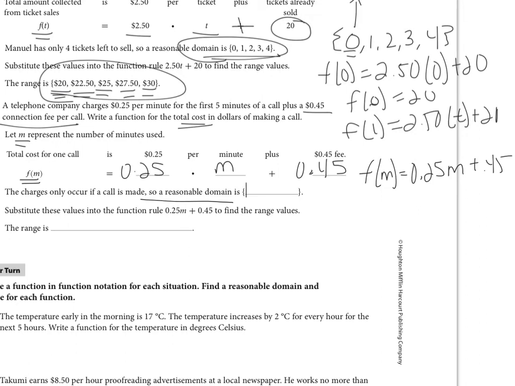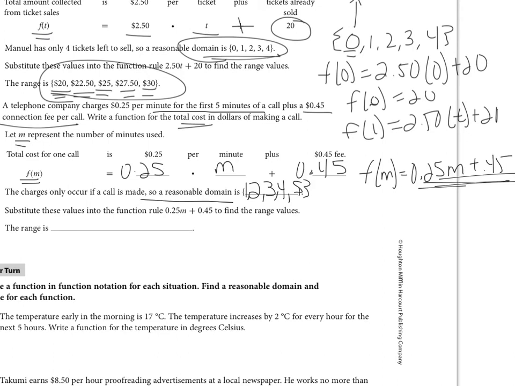So our first reasonable input would be 1 minute, 2 minutes, 3 minutes, 4 minutes, 5 minutes. I've got to stop at 5 minutes because it says per minute for the first 5 minutes. So these numbers only work for the first 5 minutes. Maybe it goes up after that, maybe it goes down, but it only works for the first 5 minutes.